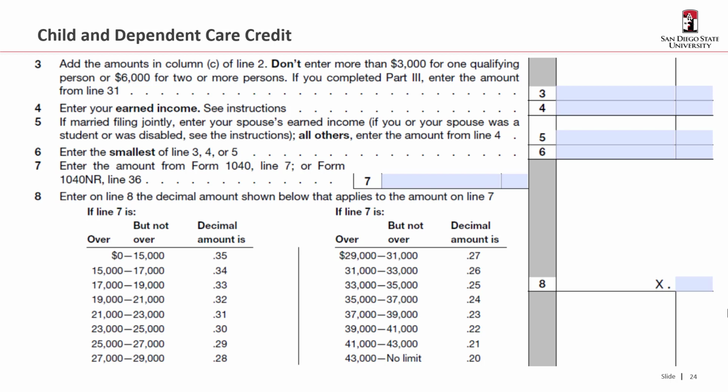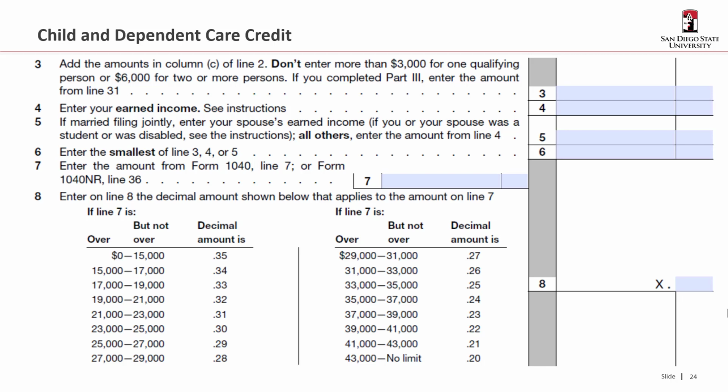If you're married filing joint, you compare it to your spouse's earned income, because the idea is if one of you isn't earning any income, then you should be home taking care of the child from a tax perspective. You then enter the smallest of those. So think of it as you enter the smallest of 3 or 6,000, or your actual expenditures, your earned income, or your spouse's earned income.